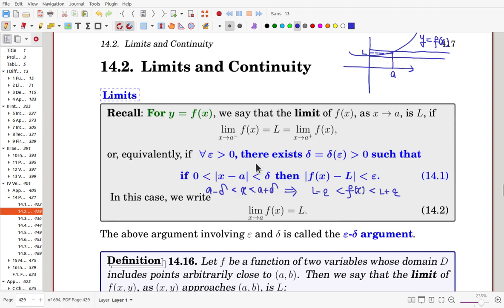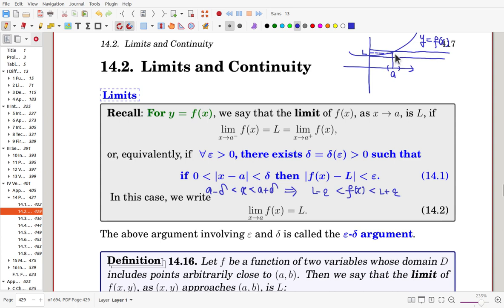Now, for any choice of epsilon, we can find an interval in the x direction. Then for every x from this interval, except that point, the function value must be in this strip.